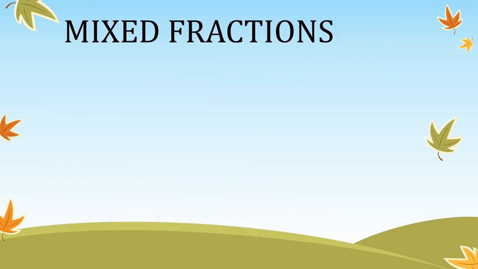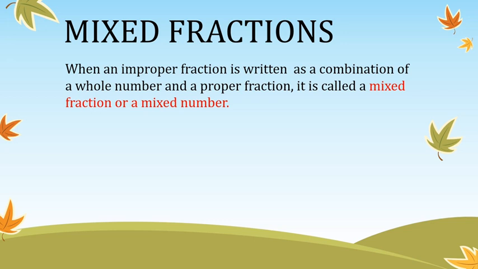Mixed fractions. When an improper fraction is written as a combination of a whole number and a proper fraction, it is called a mixed fraction or a mixed number. For example, in this mixed fraction, the whole number 2 is written and 1 by 3 is the fraction over here.